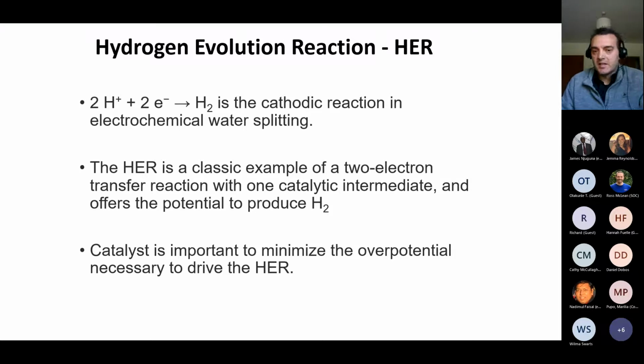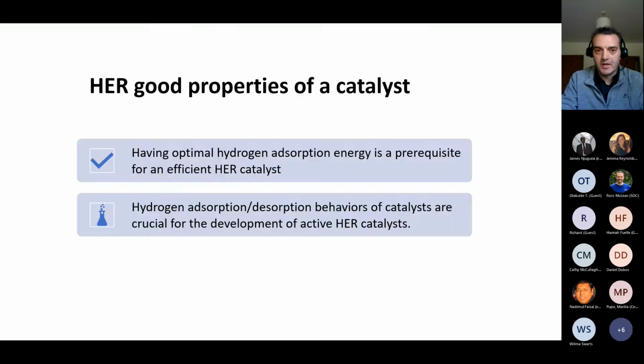Here I just showed you two pencil electrodes, a little bit of water with salt, an electrolyte. But something that will help us move the reaction faster is a catalyst. A catalyst is important to minimize the overpotential needed to drive the hydrogen evolution reaction.